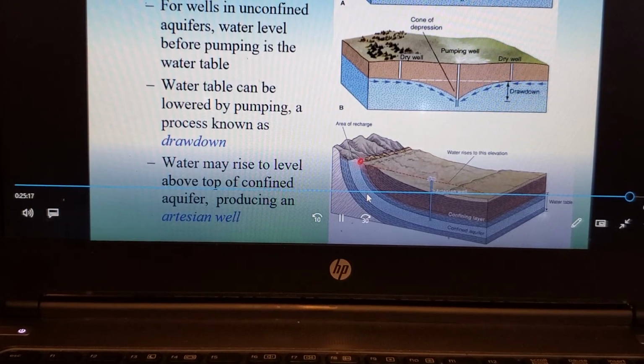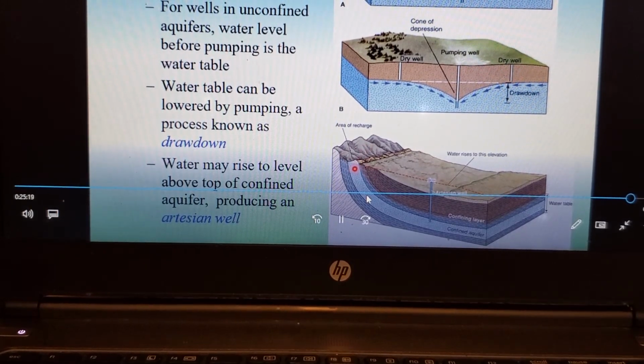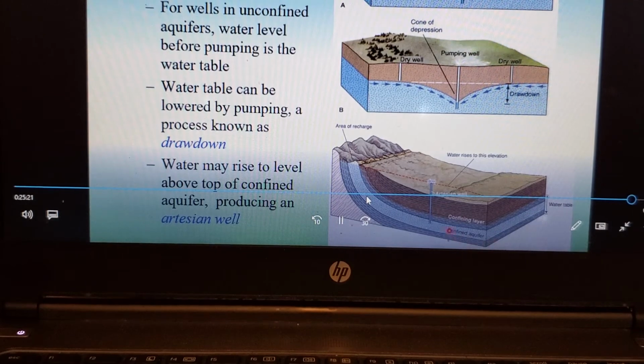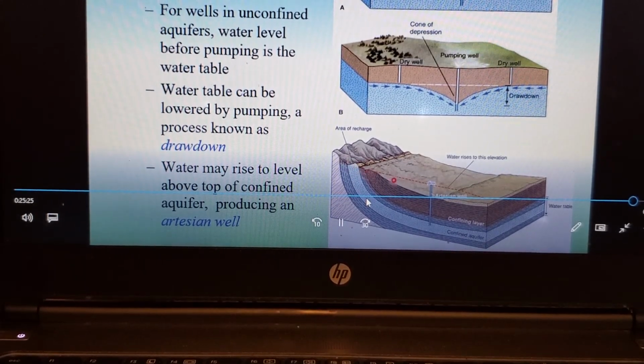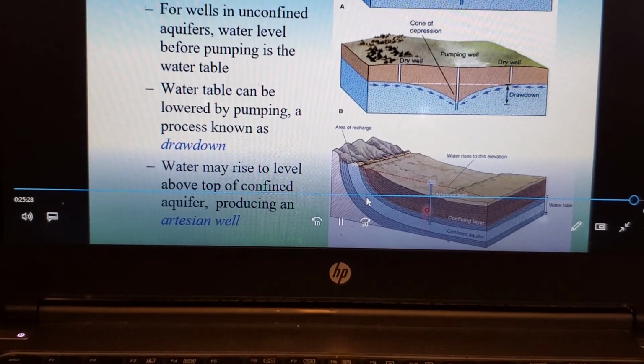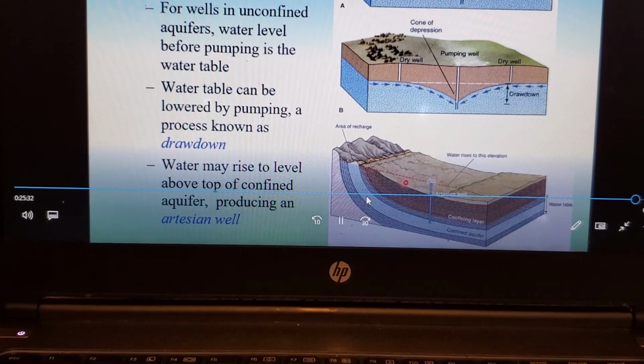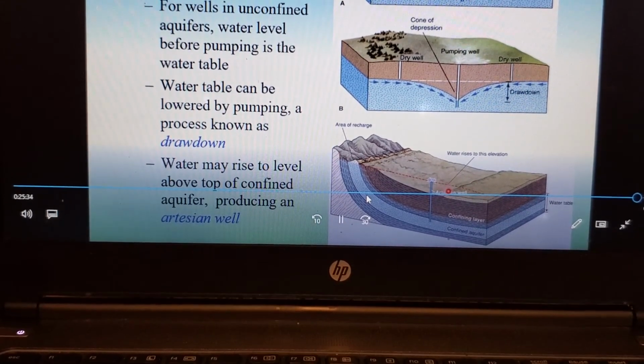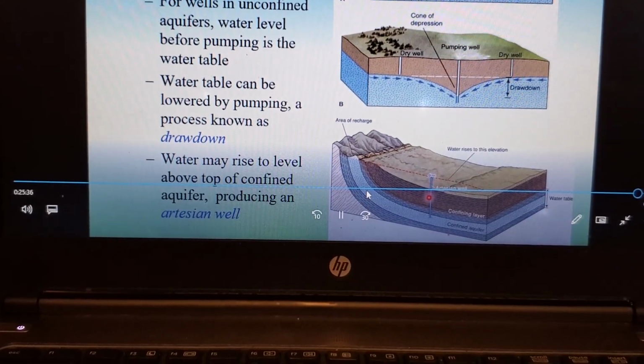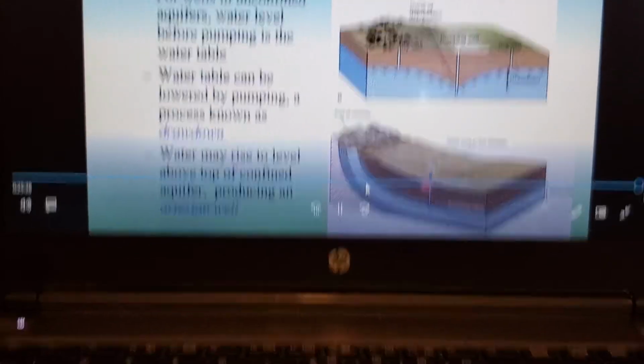Okay, so water infiltrates here, gets all the way here, and then fills up all the way to the top. So the water table is here. When you drill this well, the water is going to jet out to the height of the water table. And so this is an example of a non-pumping well or an artesian well.